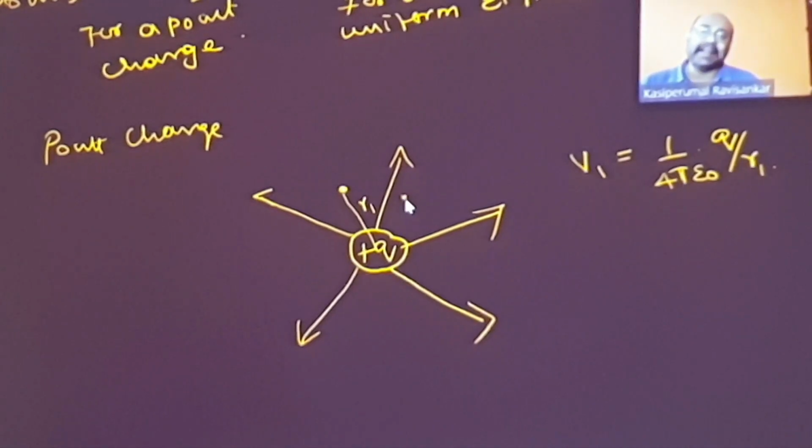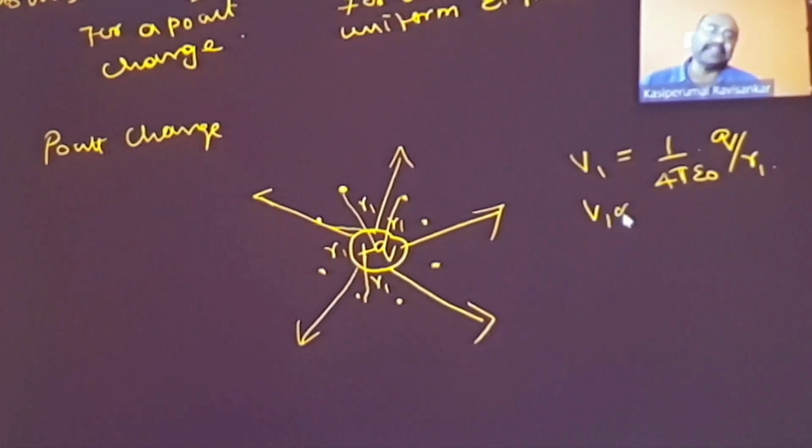Consider another point here, another point here, another point like this. You consider different points, but all the points are at the same distance r1. Every one of these points is at r1. If the distances are r1, then V1 is inversely proportional to r1.